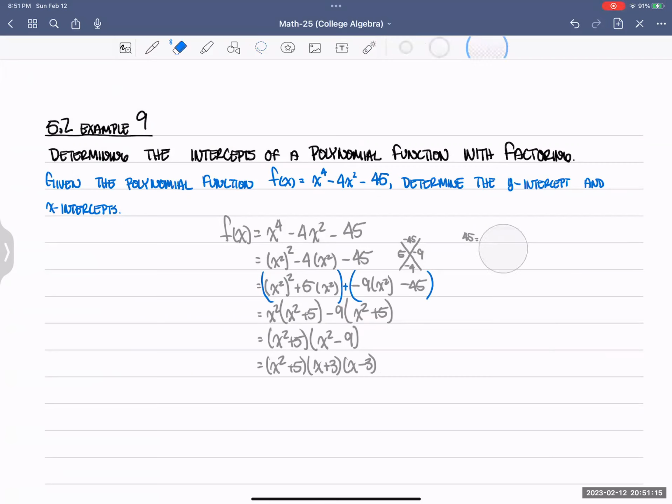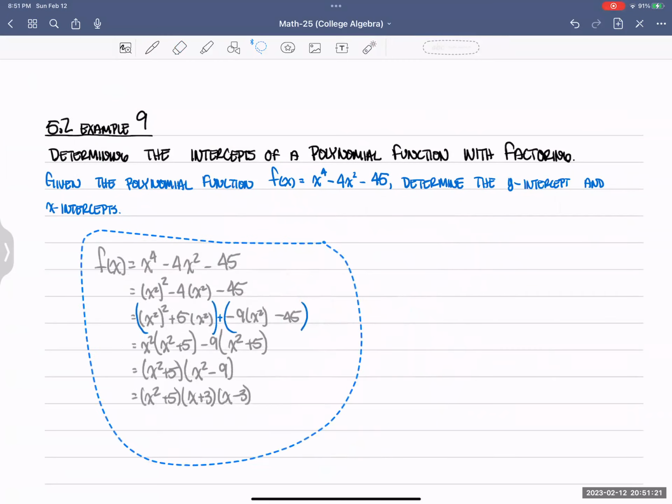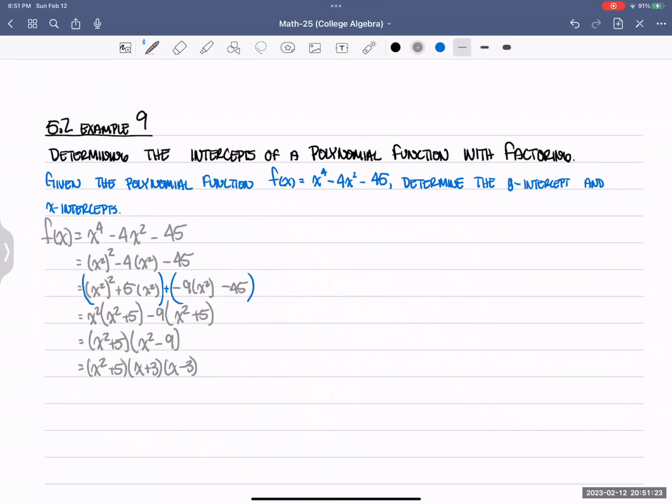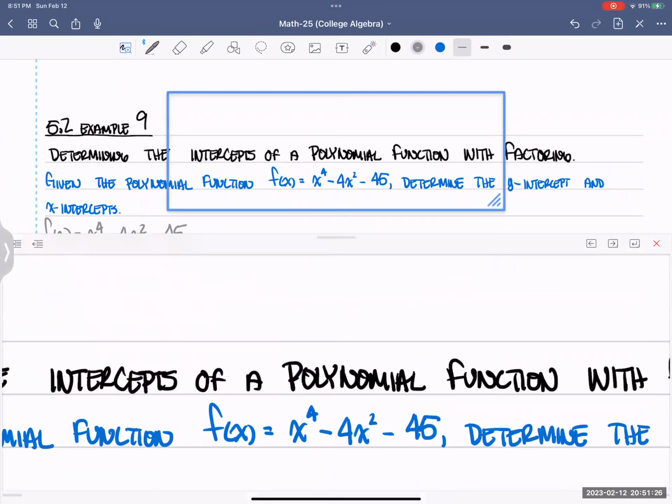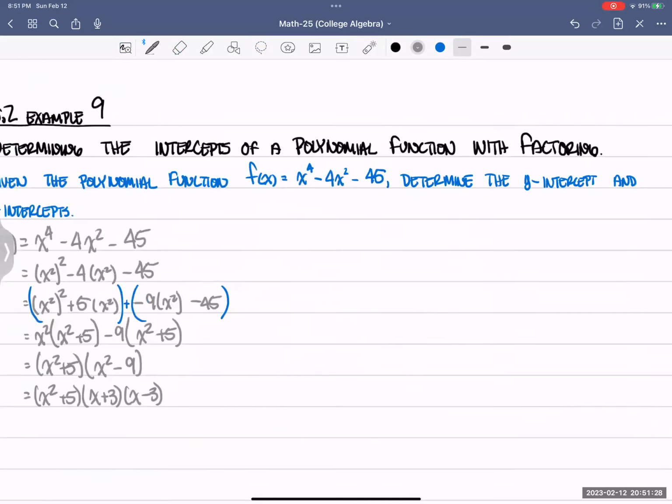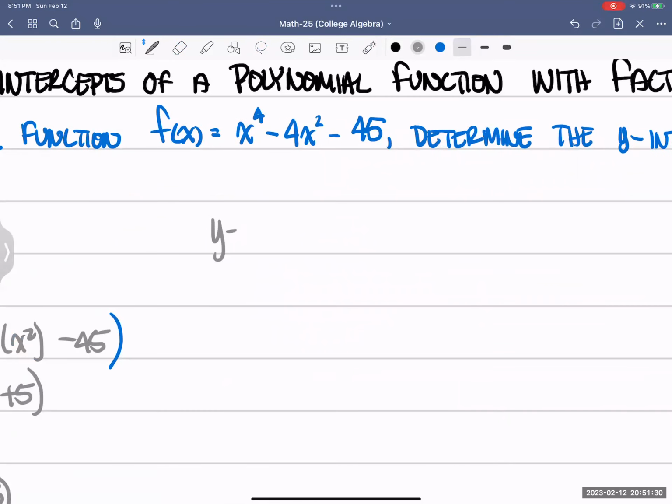I'm going to erase some of this, we don't need that anymore, and move this over so we can start finding our intercepts. I think it's easiest to start with the y-intercept.